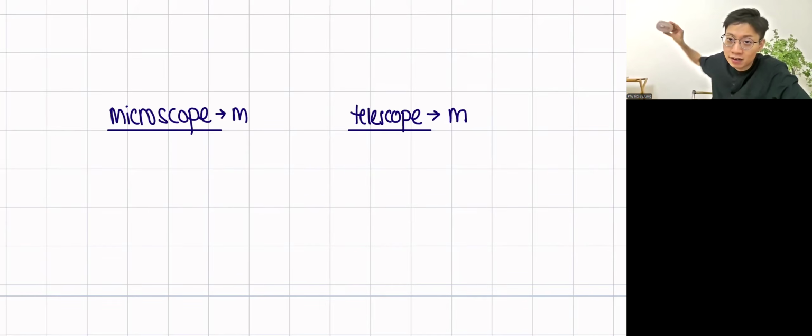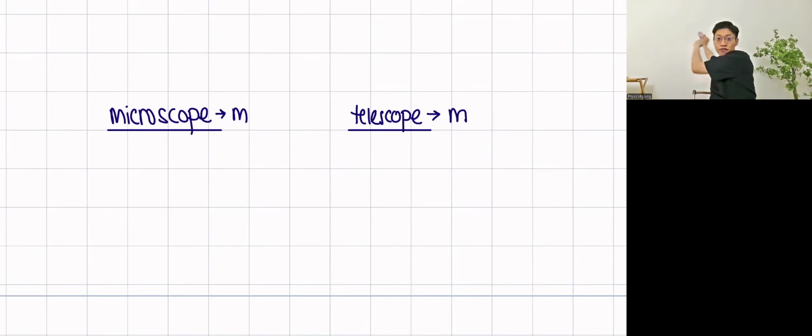Imagine this is the star, the planet. It's very far away, so it's very small to you. If you form a diminished image, it will be even smaller. Then what do you want to see? Obviously, you want to form a much bigger image for you to see. So they both form a magnified image.